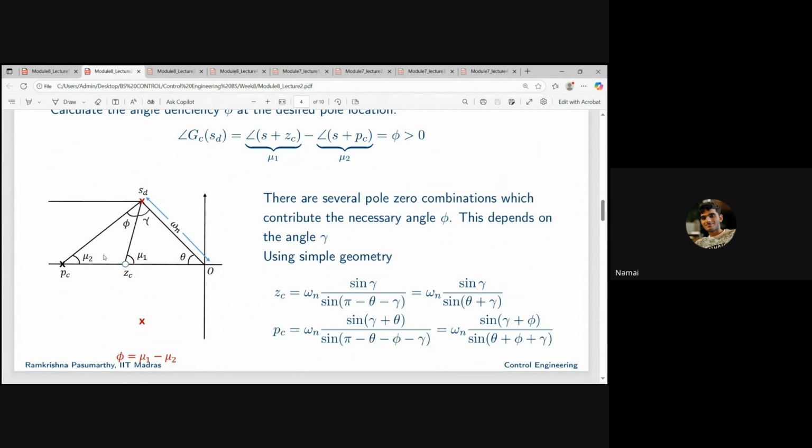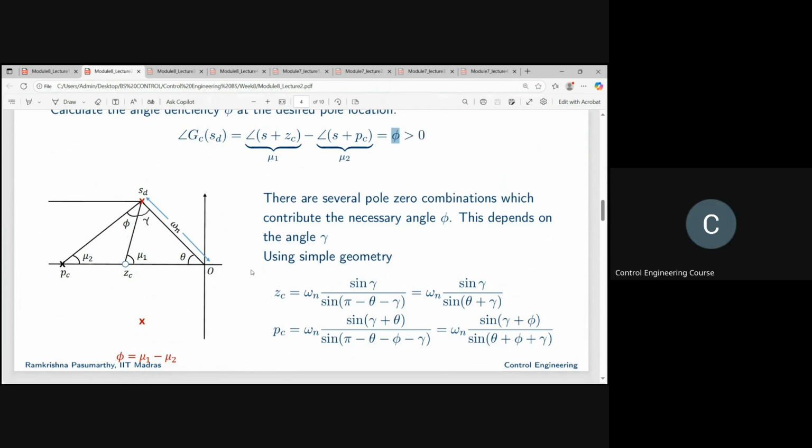So the angle of s plus ZC is basically what? What is the argument at s of s plus ZC? Mu1. Okay, so you see why I marked this angle as phi.